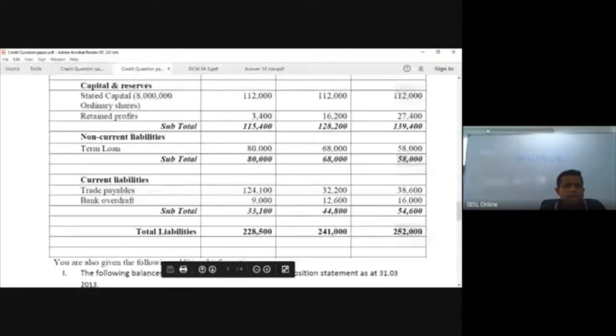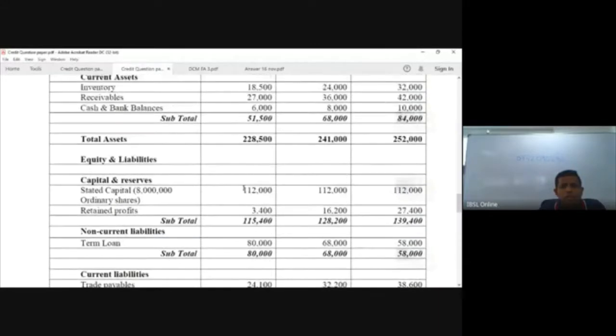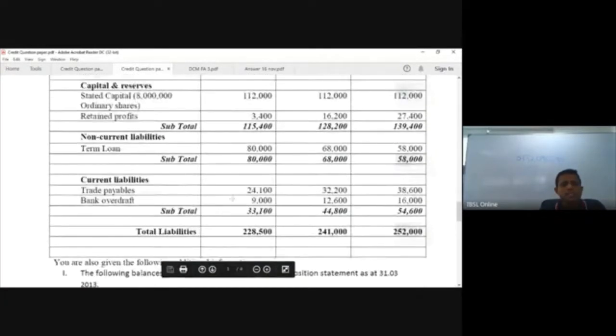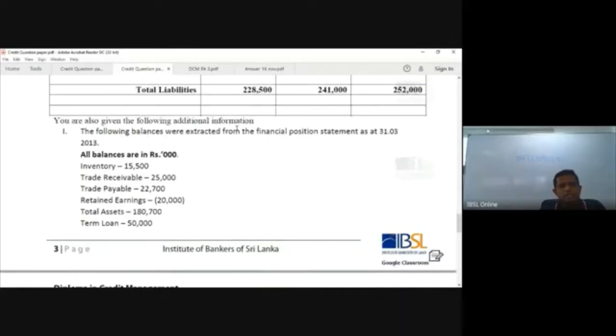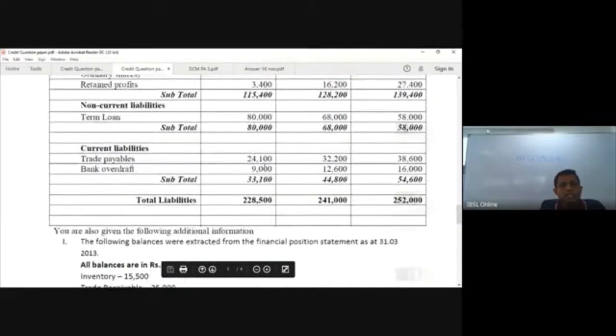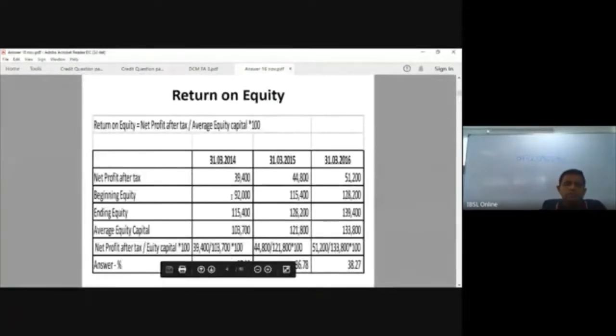You go to the balance sheet. The beginning equity means the 2013 figures. You have 112,000 as the stated capital, but the retained profit was given under the note as minus 20,000. That's why we have 112,000 minus 20,000, which is 92,000.